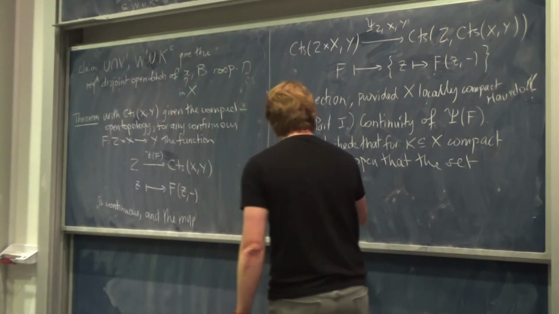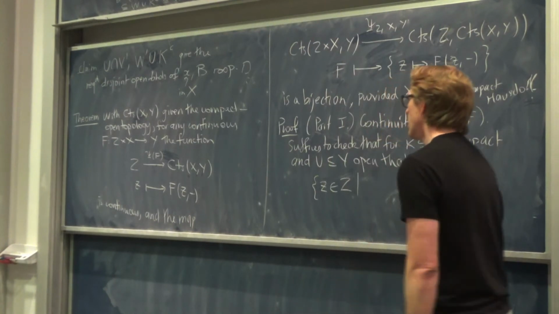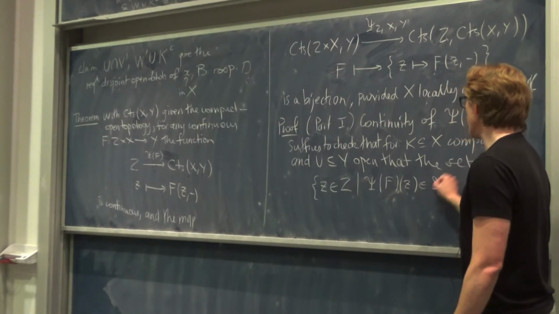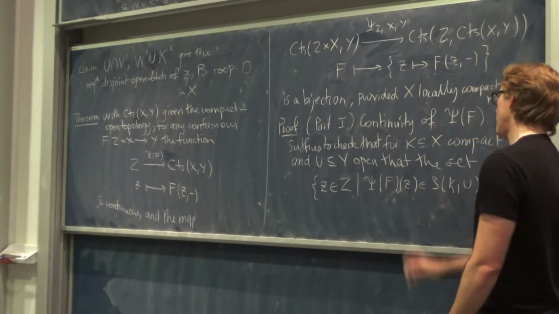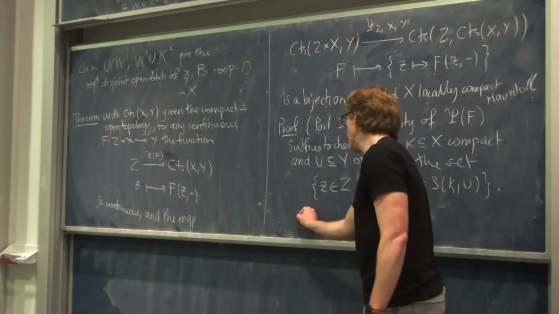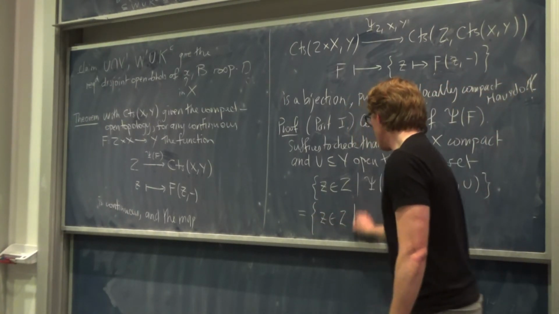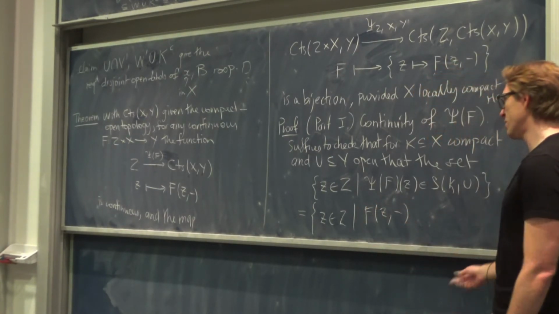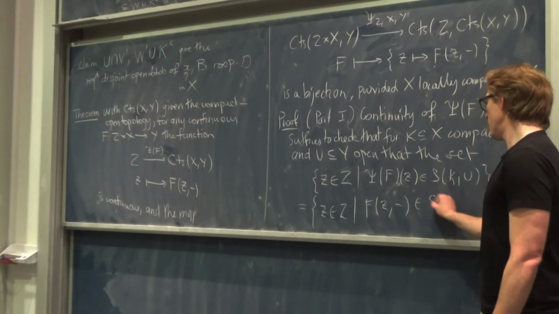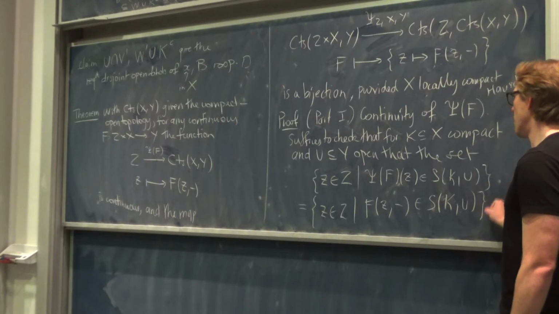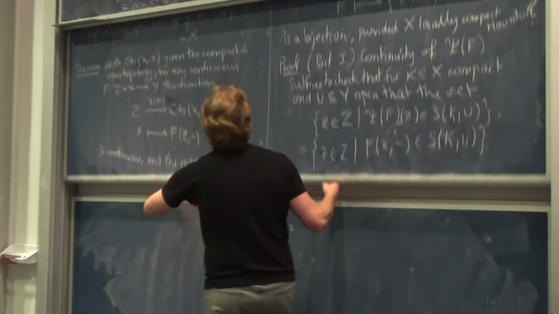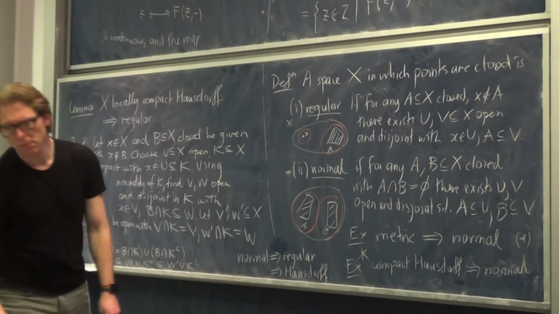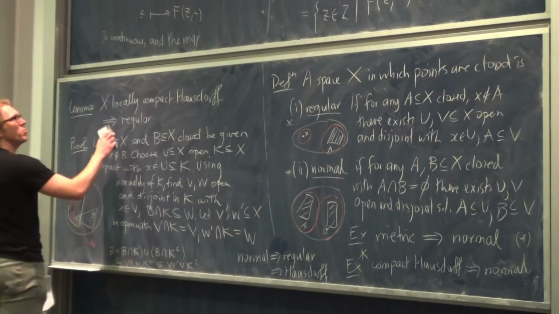That pre-image is the set of all z's in Z such that psi f of z is contained in S_{K,U}. Well, let me write that slightly differently. That's the set of all z such that the partial function I get by putting z in the first position of capital F belongs to this collection of functions. So I need to check that's open in Z.